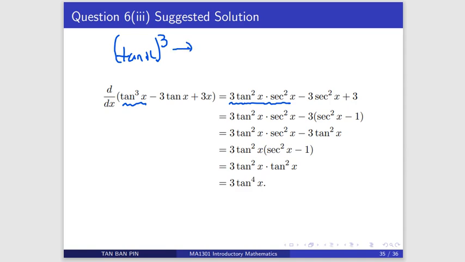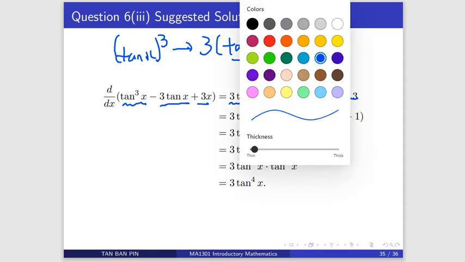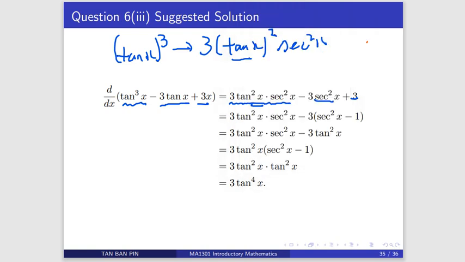So first it will give you 3 tan squared x, and differentiating tan will give you sec squared x. Then differentiating tan x is sec squared x. Differentiating 3x is 3. And you can actually factorize out 3 from these two terms.